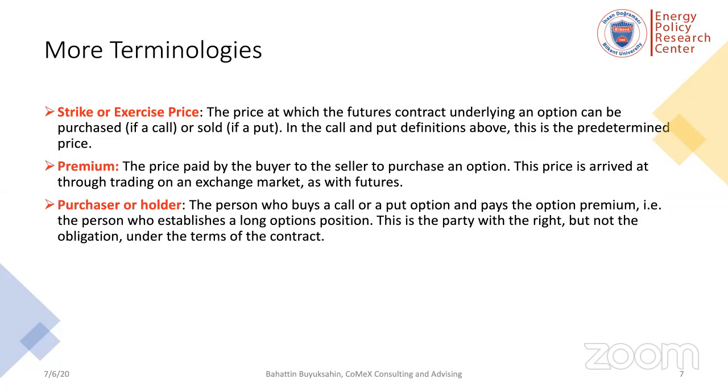The price at which the futures contract underlying an option can be purchased, in this case a call option, or sold, is called the strike price. In the call and put, we are talking about a predetermined price. It is important to note that for every option buyer, there is an option seller.